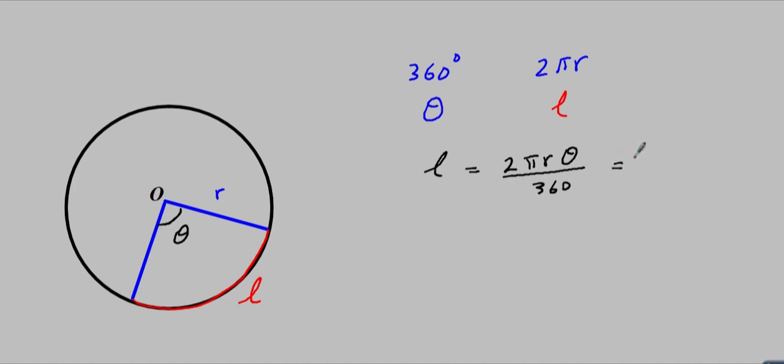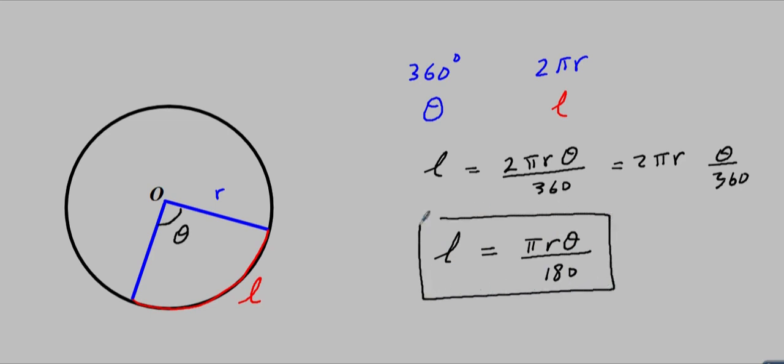This is 2 pi r, which is the entire circumference, and you're taking a fraction of this circumference, which is the same as the fraction of the angle to the full angle. So this is another way of looking at it. But if you simplify this expression, it gives you that the length is equal to pi r theta divided by 180, and this is it.